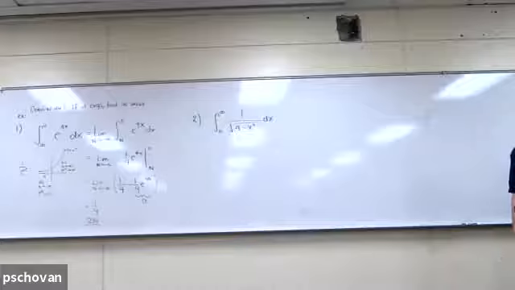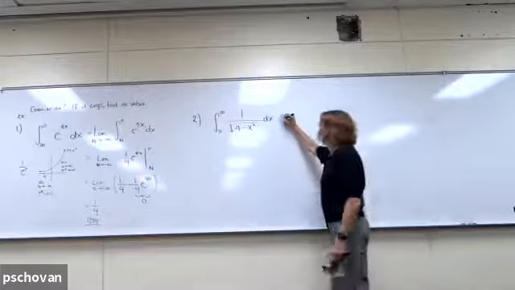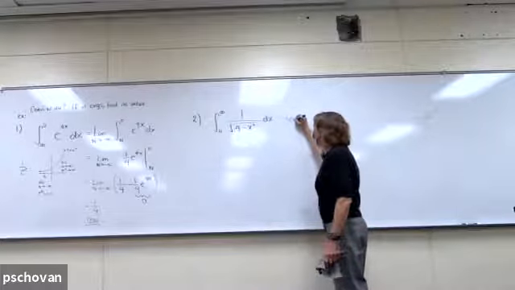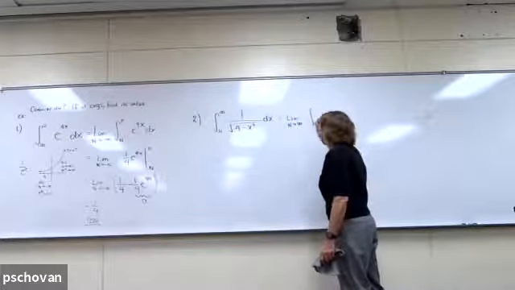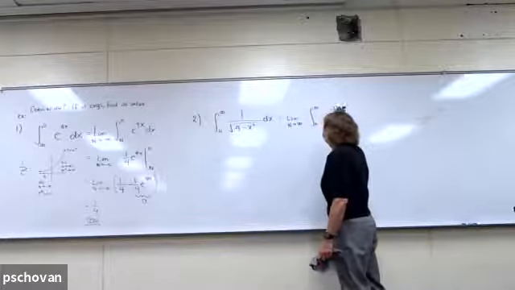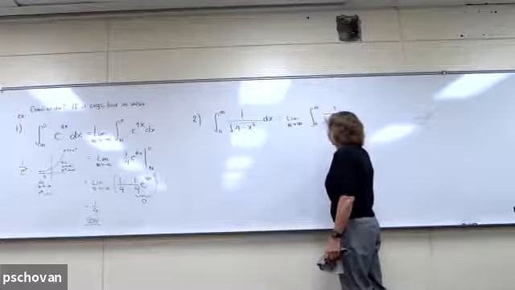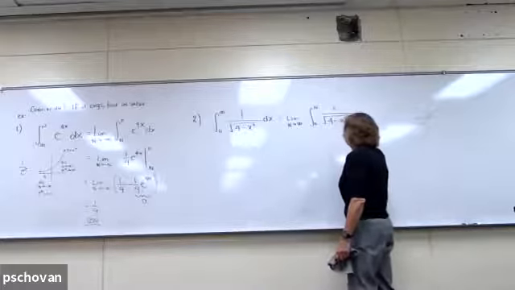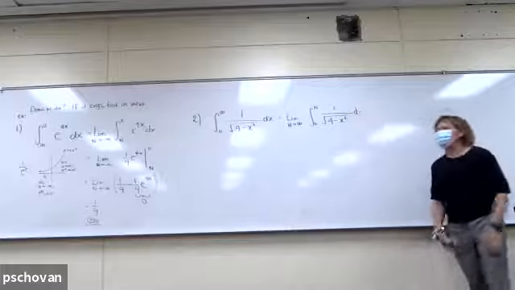So my next example has the integrand of 1 over the square root of 4 minus x squared. In order to compute this improper integral, we've got to replace the infinity symbol, make it a proper integral. So I'm using an n again. And see if you know how to compute that.